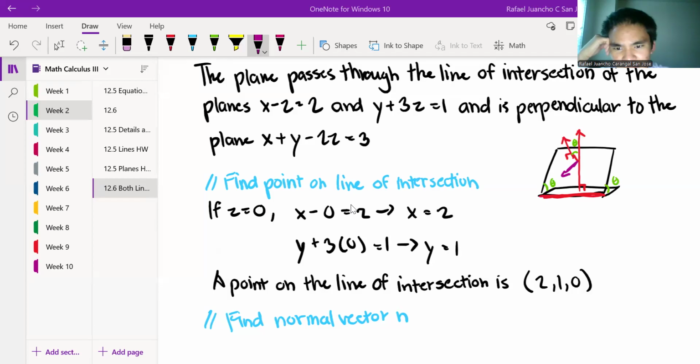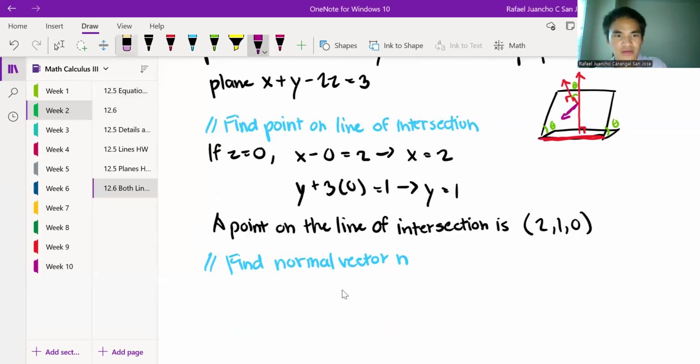Interesting. Okay. This is tricky. Very tricky question. Okay, we found a point. That's good.